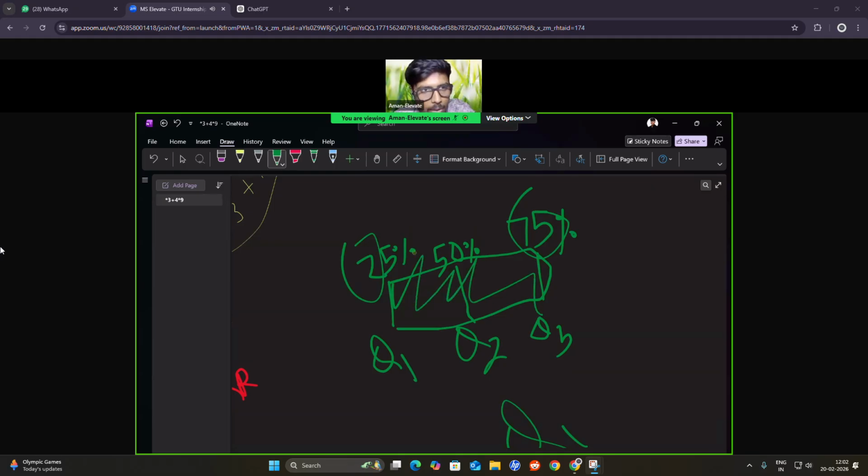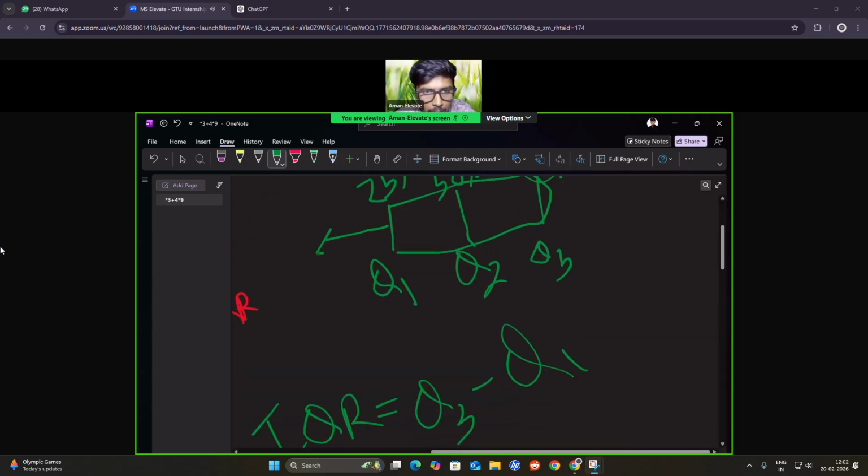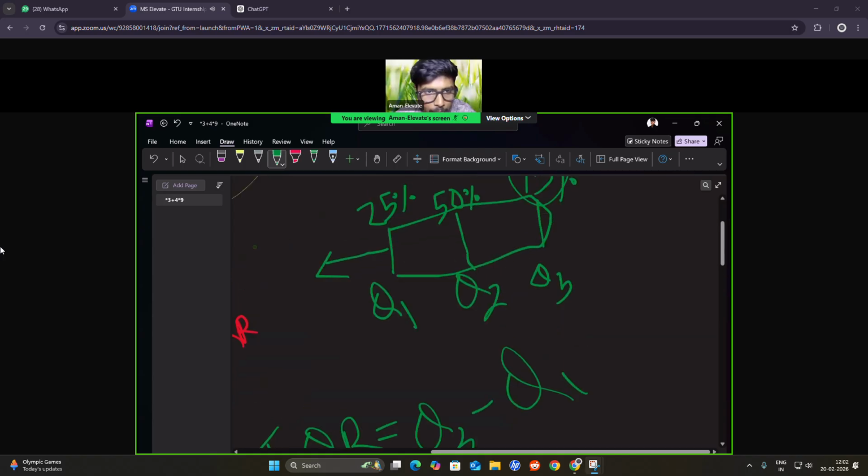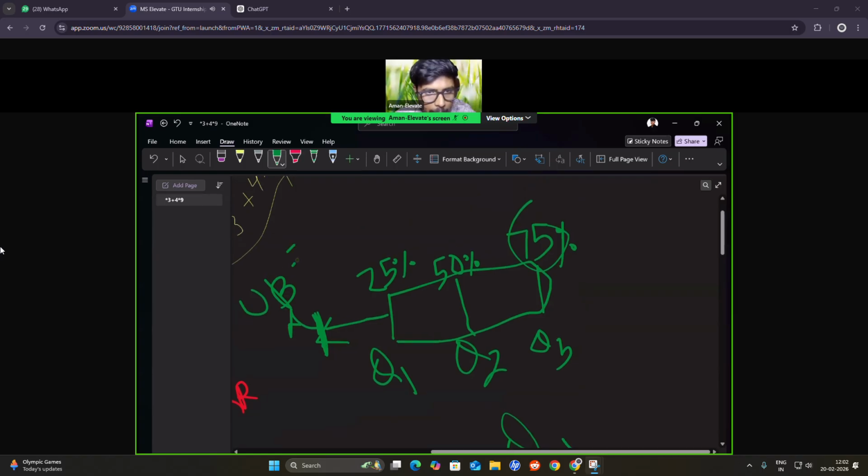Now what do we find with this range? Upper bound, UB. What is this, upper limit? Oh, sorry, lower limit, not upper limit. This is the lower bound.